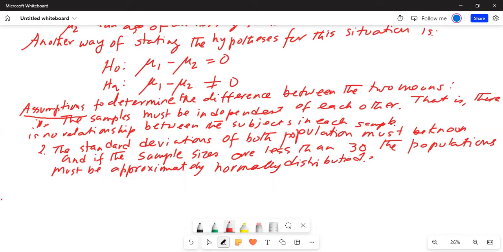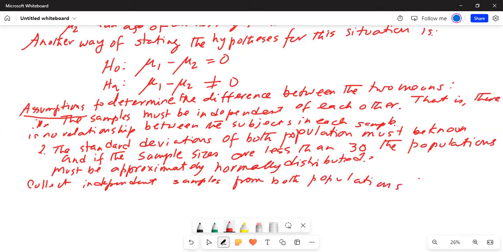So we have to collect independent samples from both populations and calculate the test statistic. Okay.